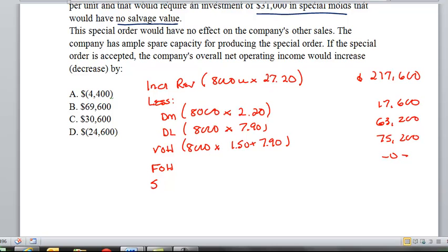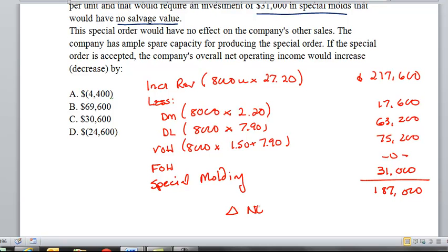And we have to also have a special molding at a cost of $31,000. So we get total cost of $187,000. Therefore, my incremental or change in net operating income would be the difference of $217,600 less the $187,000 cost, or $30,600. Answer C.